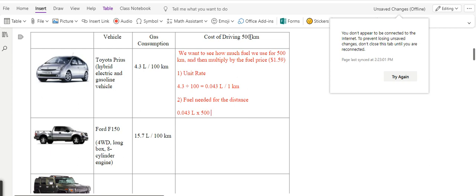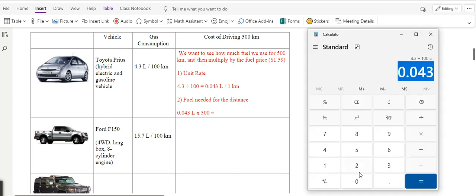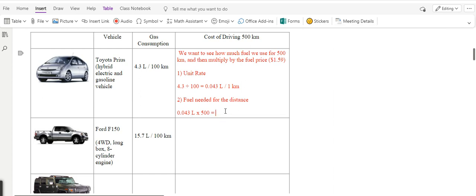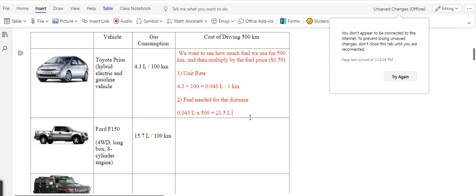This could have been 140 liters or 700 liters, whatever the case may be, but in this case for us, we're going to call it 500. And so in our calculators, if we take 0.043, multiply it by 500, that's going to give us 21.5 liters. So altogether now, we need 21.5 liters for this 500 kilometers.